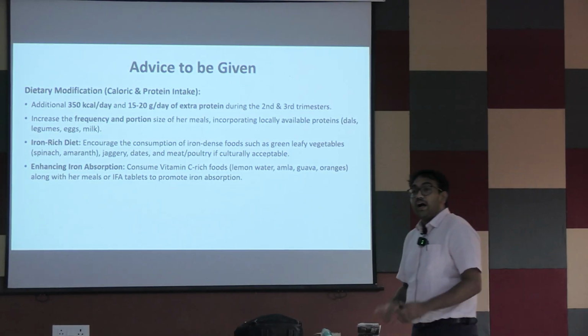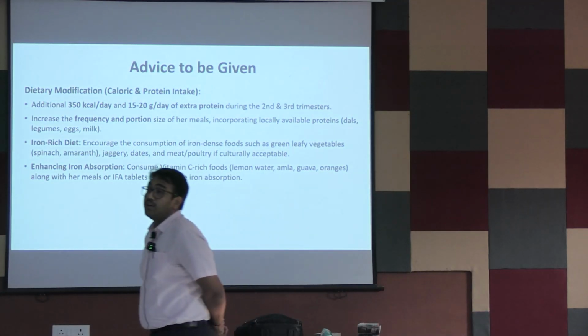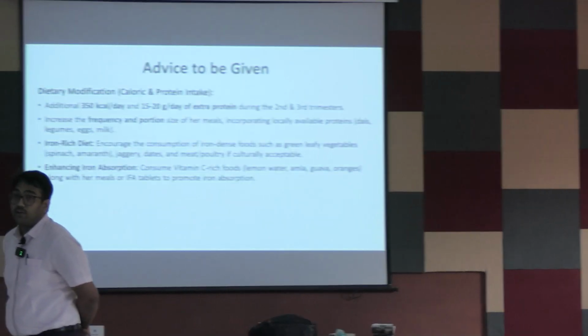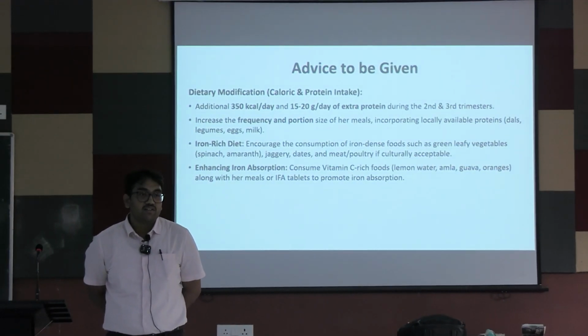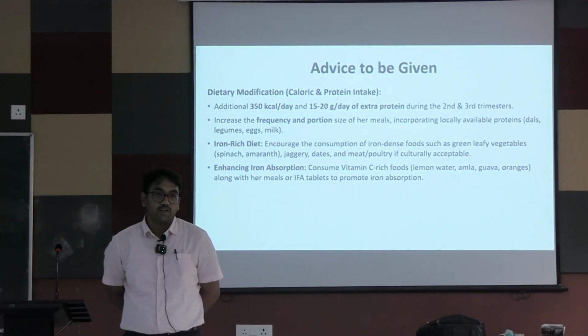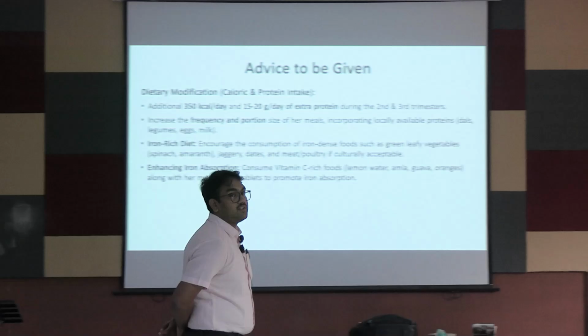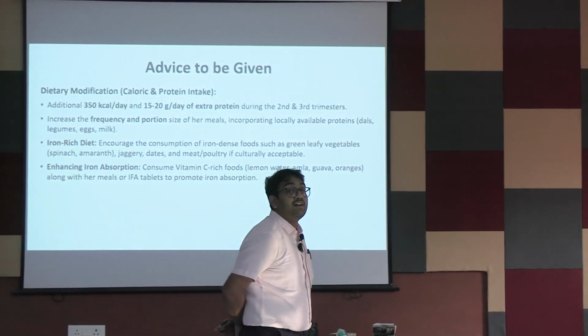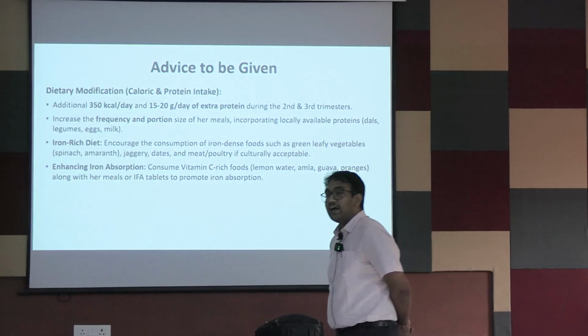Next, iron rich diet. Okay, so to have iron rich diet you need green leafy vegetables, and animal food, meat, liver is rich in iron also, animal iron. But if animal foods are not acceptable, then you give green leafy vegetables. But one problem with green leafy vegetables is that they also contain phytates, and phytates inhibit the absorption of iron.